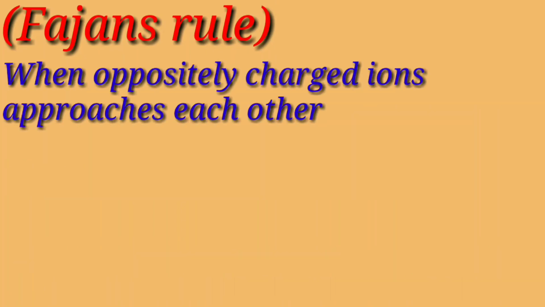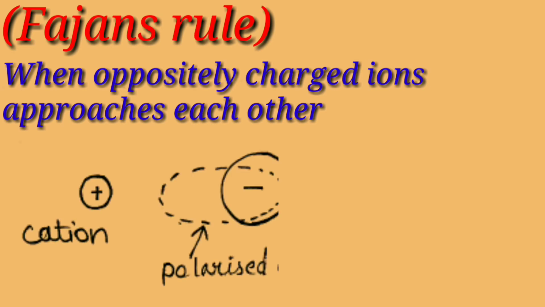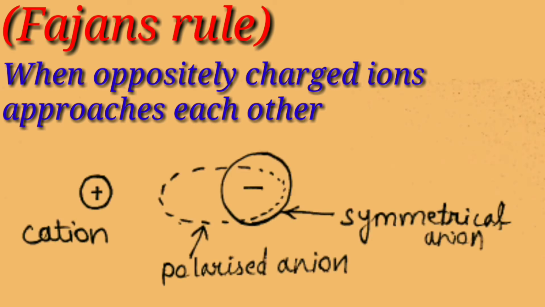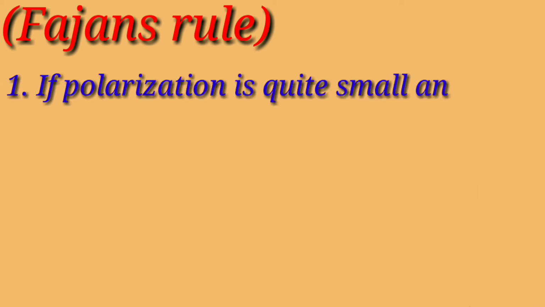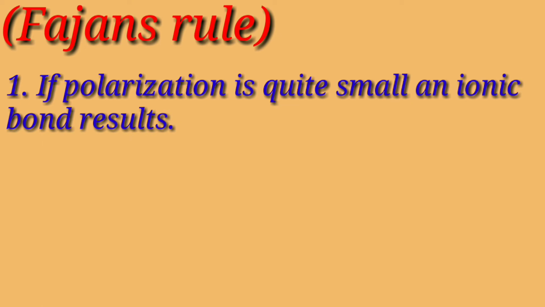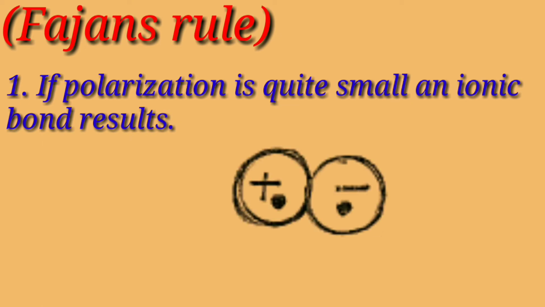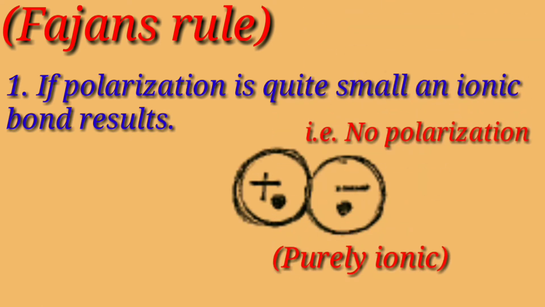When oppositely charged ions approach each other, the cation attracts the electron of the anion and repels its nucleus, leading to distortion, deformation or polarization of the anion. If polarization is quite small, an ionic bond results, that is purely ionic with no polarization.